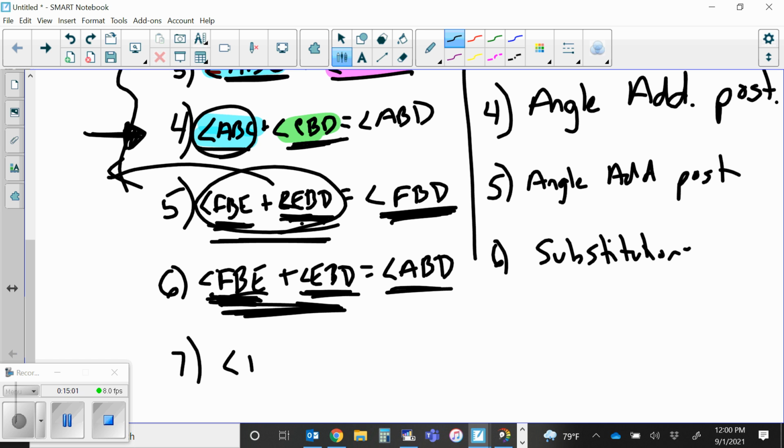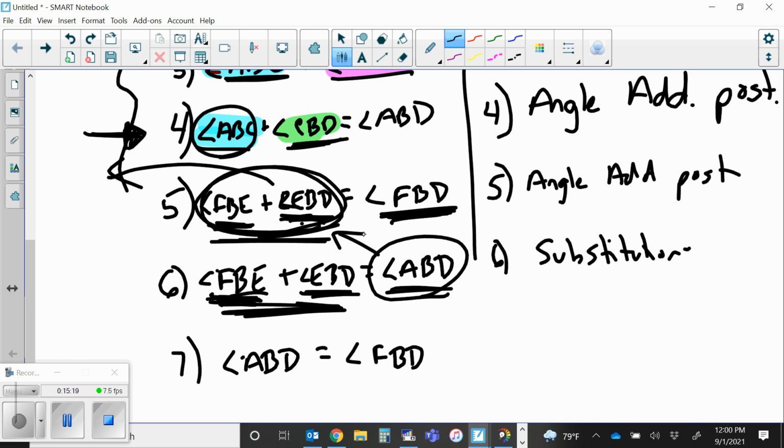So I can write angle ABD is equal to angle FBD. This is the final substitution. I took this out and I put this in its place. Why? Because wherever two things are equal, you can do a substitution. So number 7, what would be my reason why? Substitution.